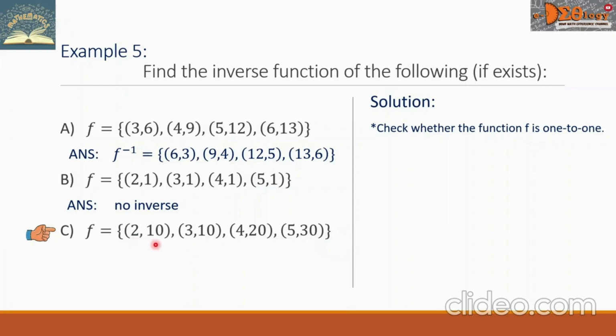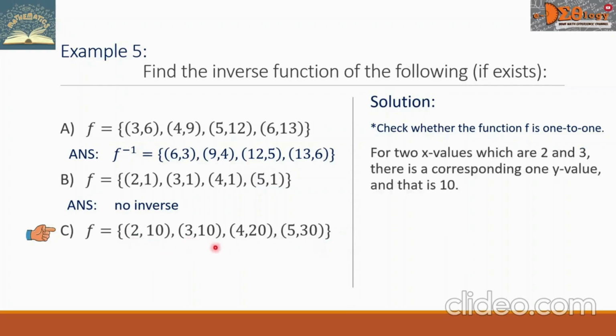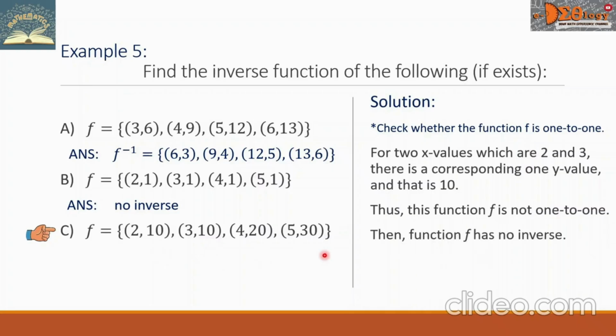Notice that we have here (2, 10) and (3, 10). For two x values, which are 2 and 3, there is a corresponding one y value, and that is this 10. For that reason, this function is not one-to-one. So, this function has no inverse. For problem C, we write no inverse.